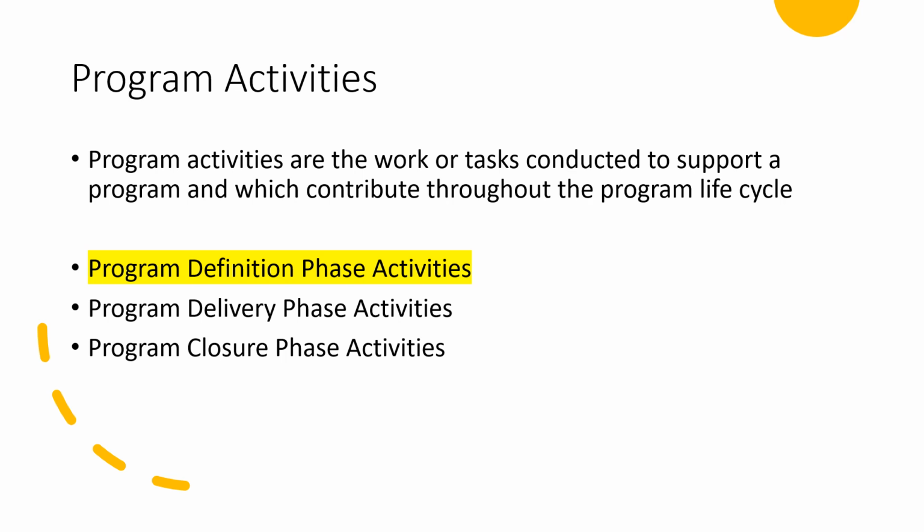Program activities are the work or tasks conducted to support a program and which contribute throughout the program lifecycle. Program activities are categorized into three areas: program definition phase activities, program delivery phase activities, and program closure phase activities. Currently we are discussing the program definition phase.